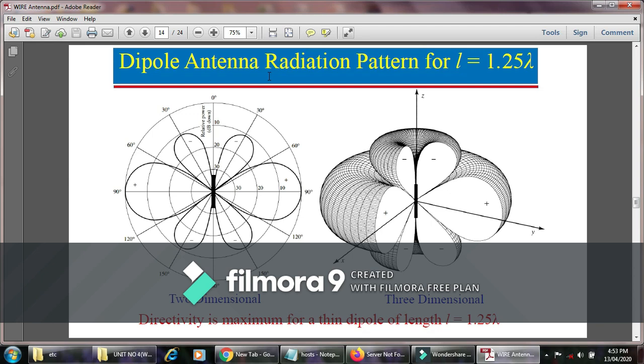For this case, the two-dimensional figure of eight radiation pattern is obtained at 90 degrees and 270 degrees, because on the z axis we consider theta equal to 0, and theta ranges from 0 to 180 degrees.